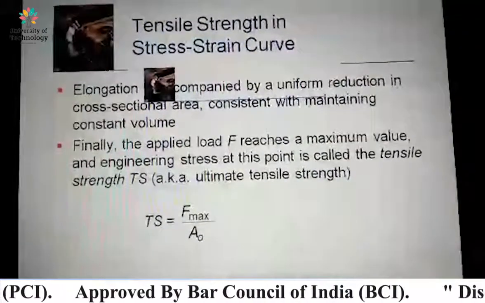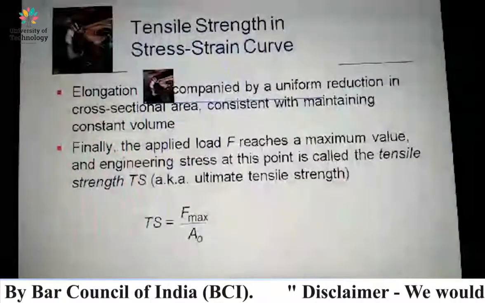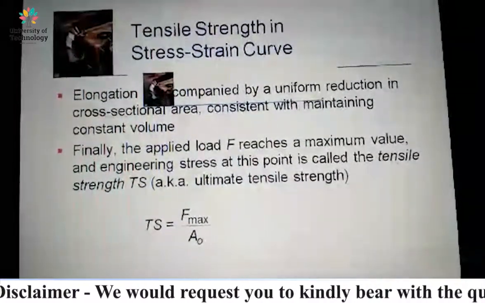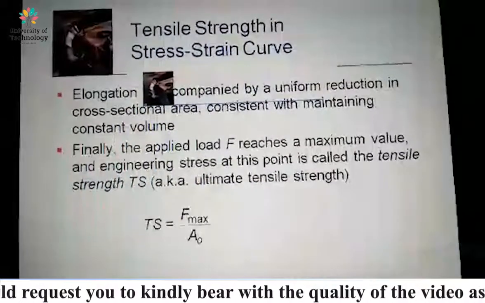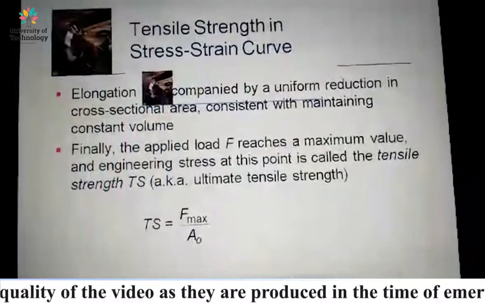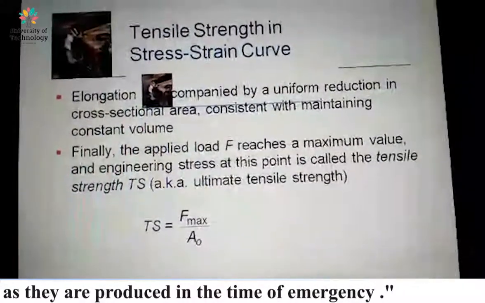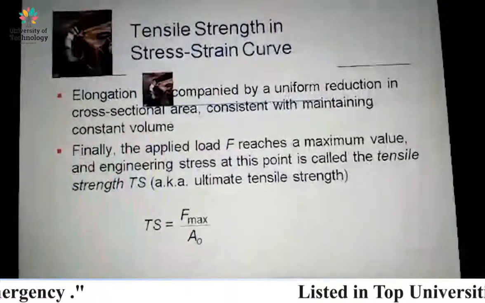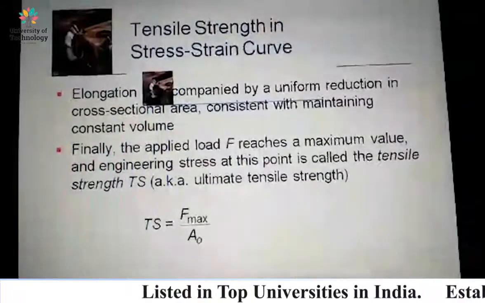Tensile strength. Elongation is accompanied by a uniform reduction in cross-sectional area, consistent with maintaining constant volume. Finally, the applied load F reaches a maximum value, and the engineering stress at that point is called the tensile strength, right?